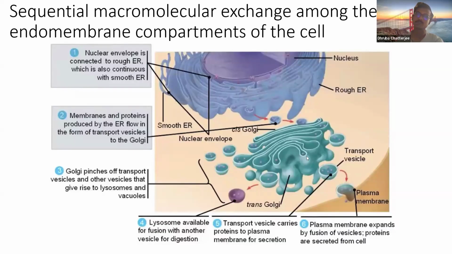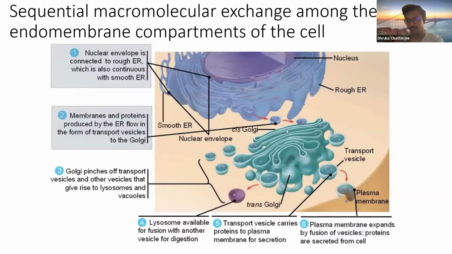And the face of the Golgi, or the membrane-bound sacs of the Golgi, which are located the farthest from the nucleus and closest towards the plasma membrane, are called the trans Golgi, right? So cis Golgi means a Golgi which is close to the nucleus, and trans Golgi means a Golgi which is located the farthest from the nucleus.